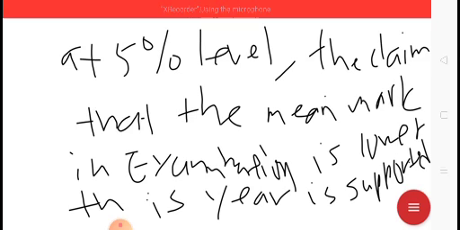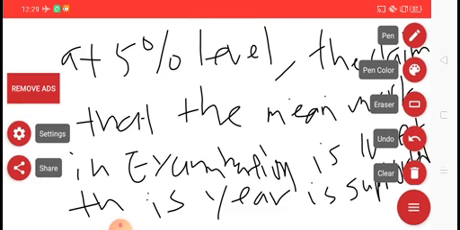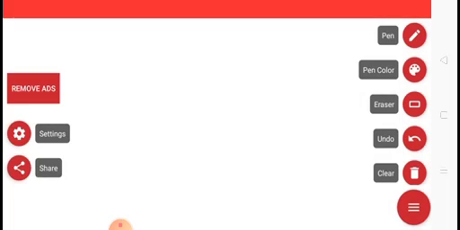Okay, now we move to question 2. Okay, for question 2, in Europe, the diameter of women's rings have mean 18.5 millimeter.